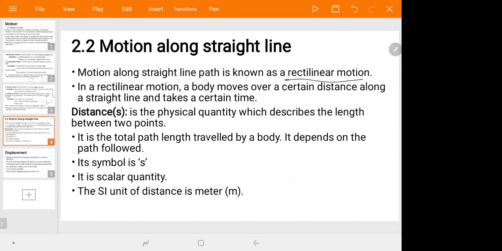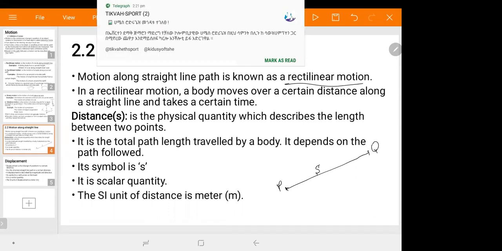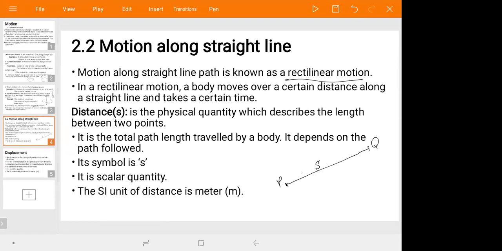If you take 2 points, P and Q, the length between them is what you can call distance. At what direction, we don't know. So the length between 2 points is distance.